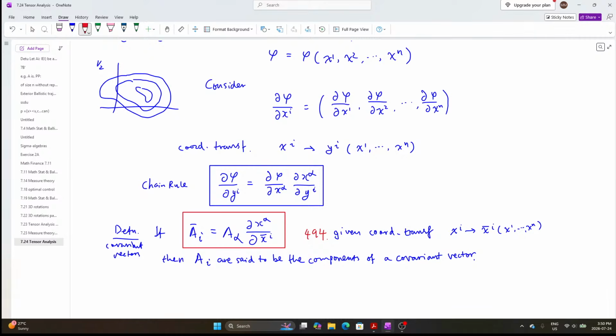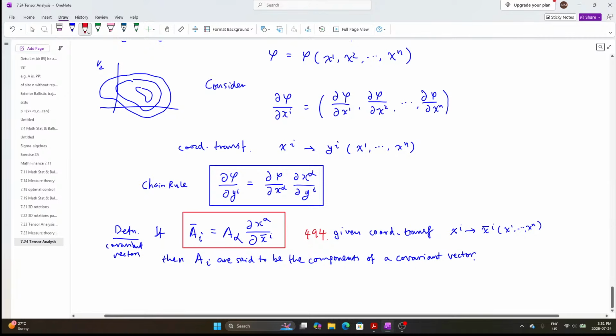It is the law of transformation. Compare 494 with 491. We might ask why no such distinction was made in elementary vector analysis. In multivariable calculus, you probably didn't have this distinction. We shall answer this question in a later paragraph, so we're looking forward to that.